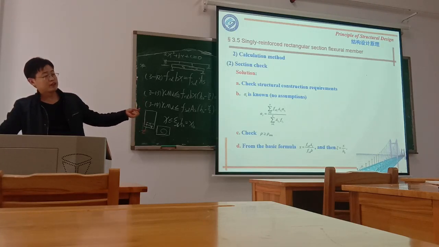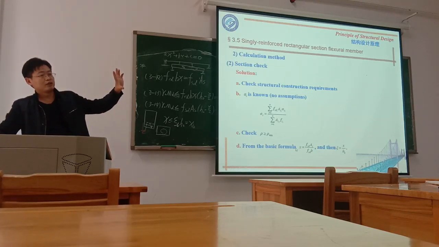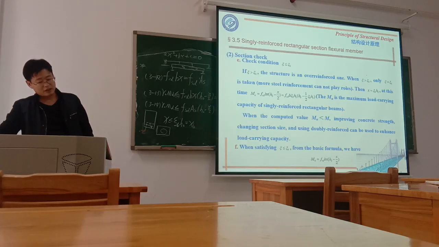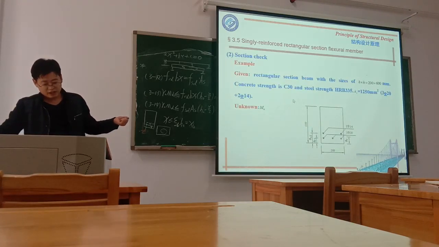Then you can calculate the reinforcement ratio and compare it with the minimum value. And then you can calculate the compression height x and compare it with xb or xi b. And then calculate the load capacity Mu to see if the Mu is larger than the requirement.